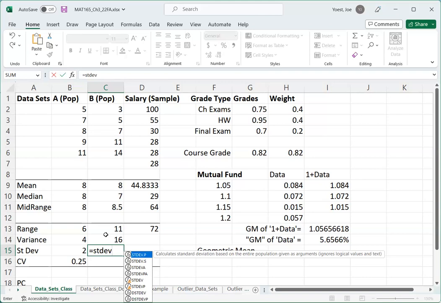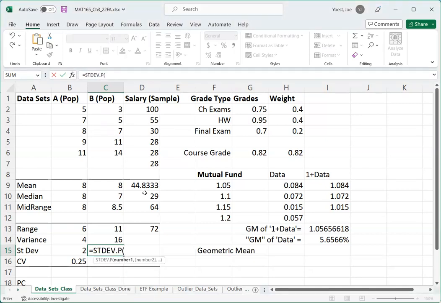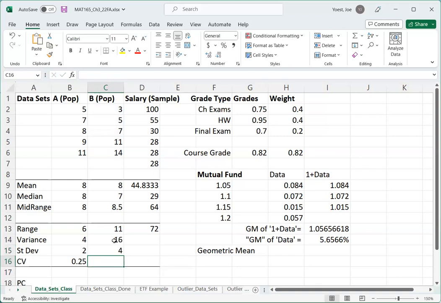Now, of course, there's sample standard deviation and population standard deviation for the same reason as the variance. And I want to make sure that I use the population standard deviation in this case because the Brandon data is a population. I can use the name for the data, Brandon. And I see I get 4, right? Just as I would expect, square root of 16 is 4.